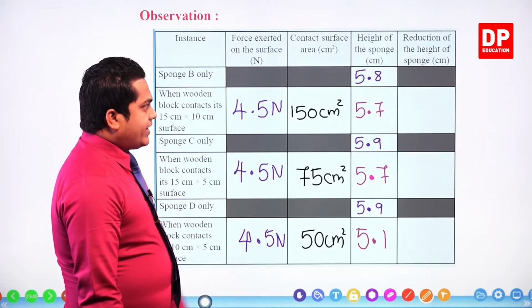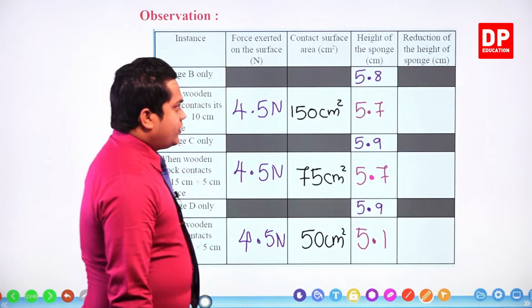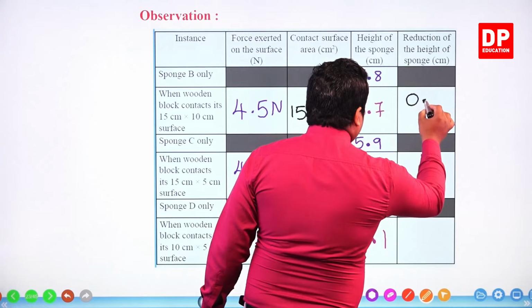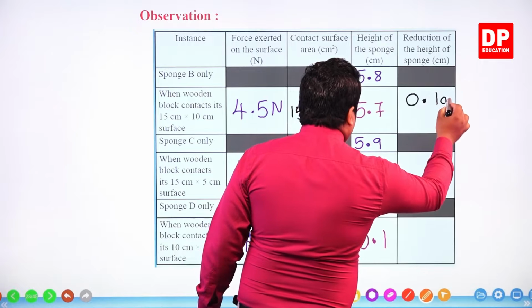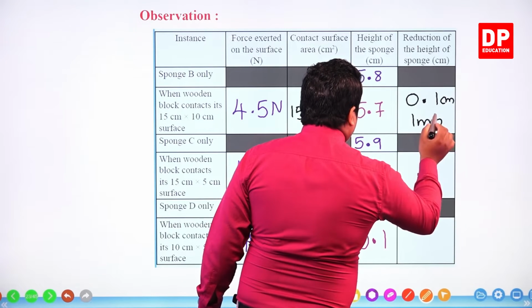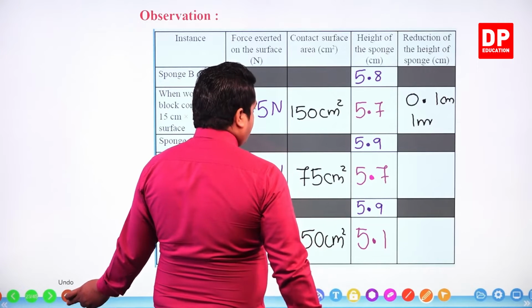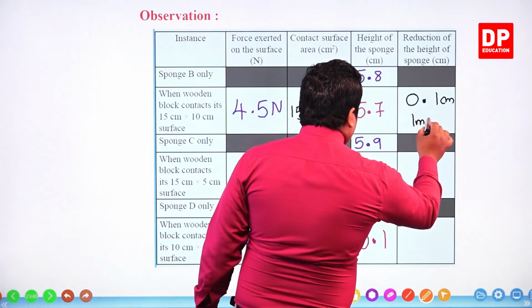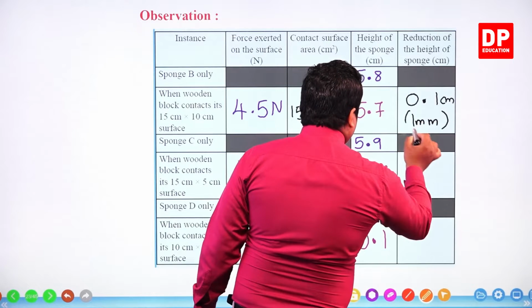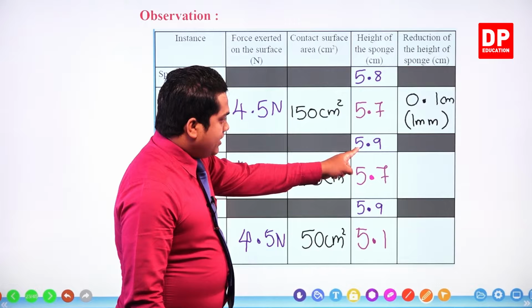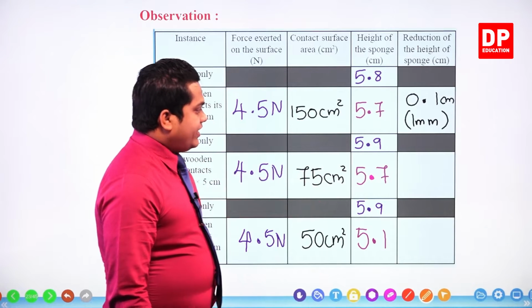Now let's go for the reduction. In here 0.1 centimeters. 0.1 centimeters means it's just 1 millimeter, right? 1 millimeter of thickness has got reduced. In the second step, 5.9 to 5.7.